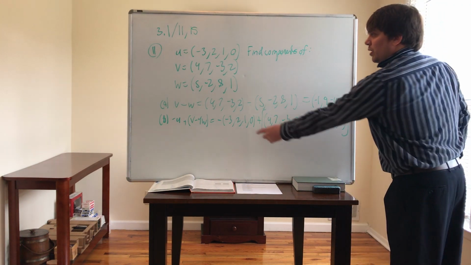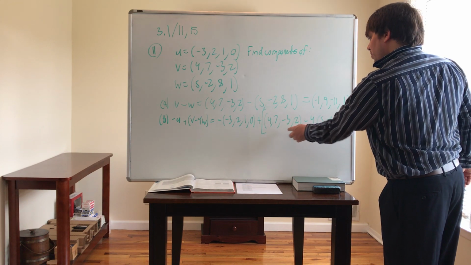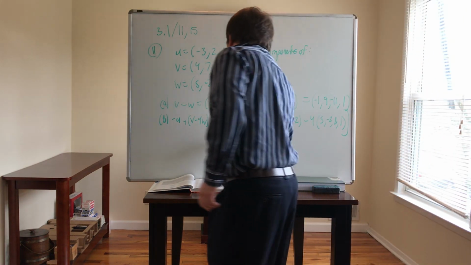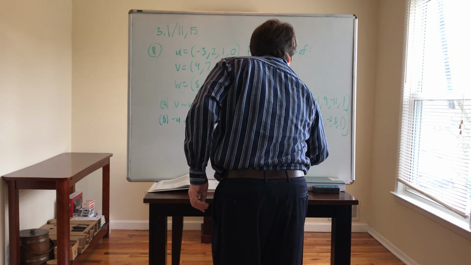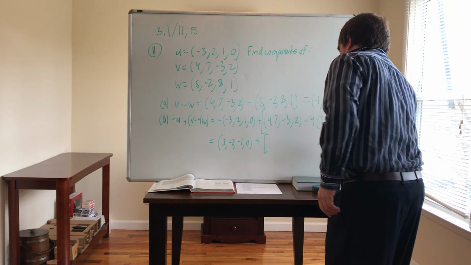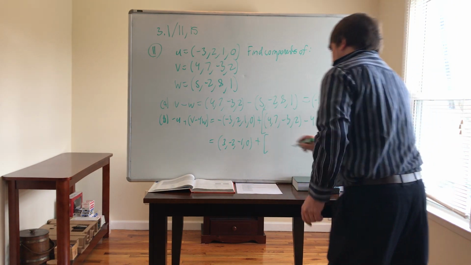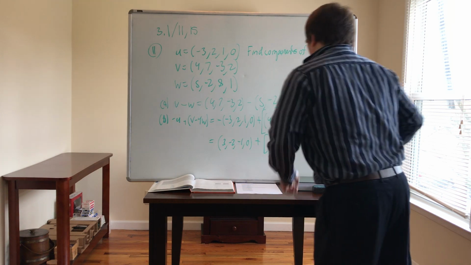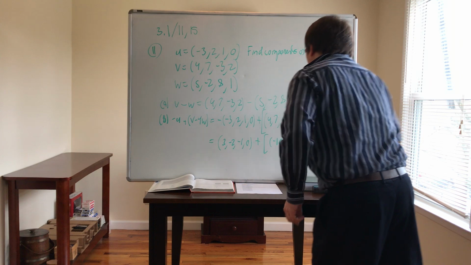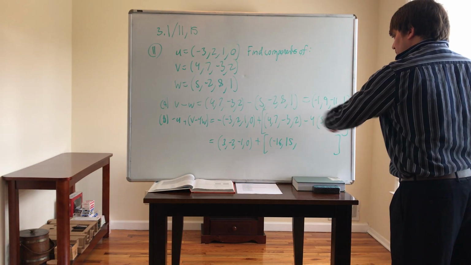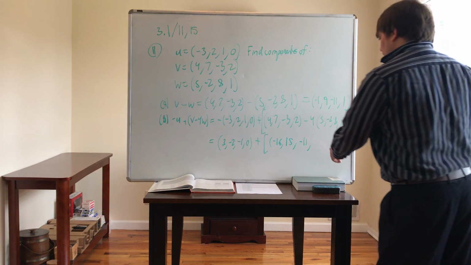And so if you do the arithmetic here, you're going to get 3, -2, -1, 0, plus, I'm going to do the arithmetic here. So it's going to be 4 minus 4 times 5, that's 4 minus 20, which is -16. 7 minus 4 times -2, that's 7 plus 8, which is 15. -3 minus 8 is -11.